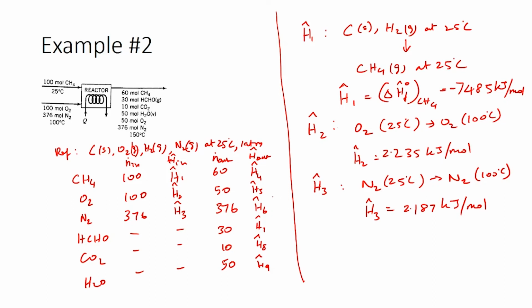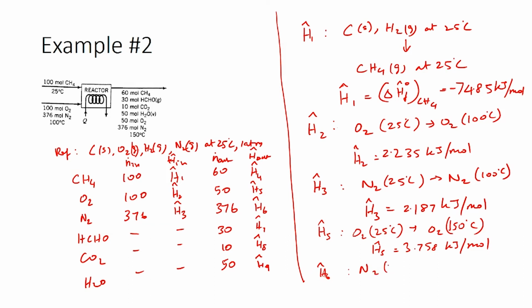Now, you have H4 to H9 for the exit streams. Let us first finish H5 and H6 cap, because those values can be obtained directly from the tables. So, H5 cap would be again oxygen at 25 degrees Celsius being heated to oxygen at 150 degrees Celsius. This H5 cap would be equal to 3.758 kilojoules per mole, and you have H6 cap, which would be nitrogen at 25 degrees Celsius being heated to nitrogen at 150 degrees Celsius, which is the exit condition.